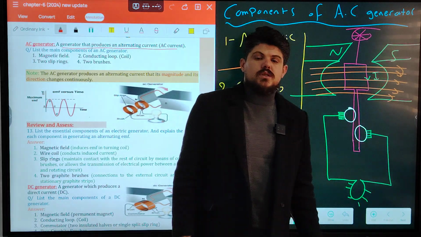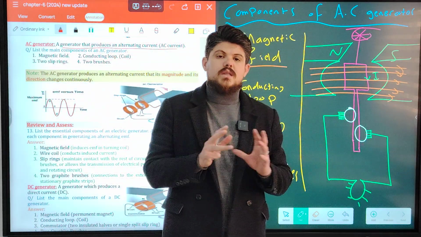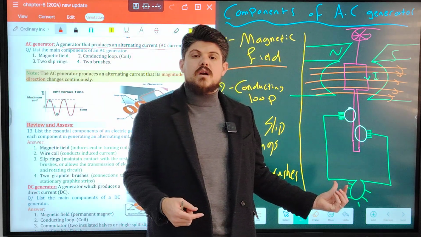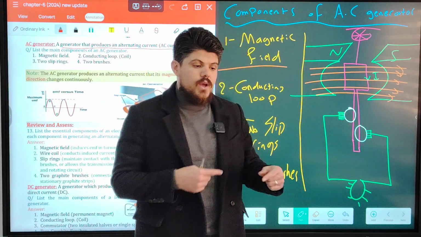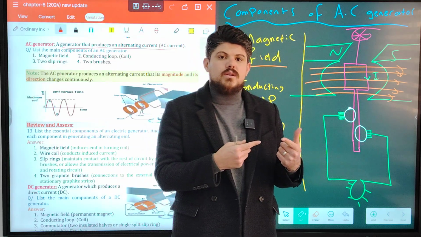Without the two slip rings and the two brushes, if we connected wires directly to the armature, the wires would twist and entangle together.